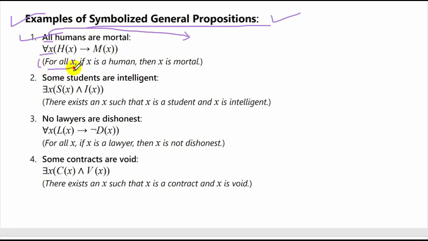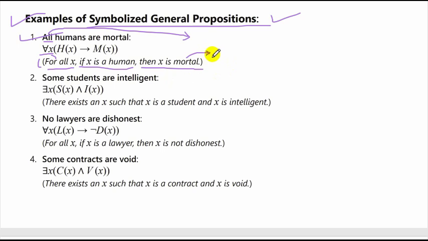For all x, this stands for all x: if x is a human, because this is an implication, then x is mortal. Mortal means can die. People who die are mortals.